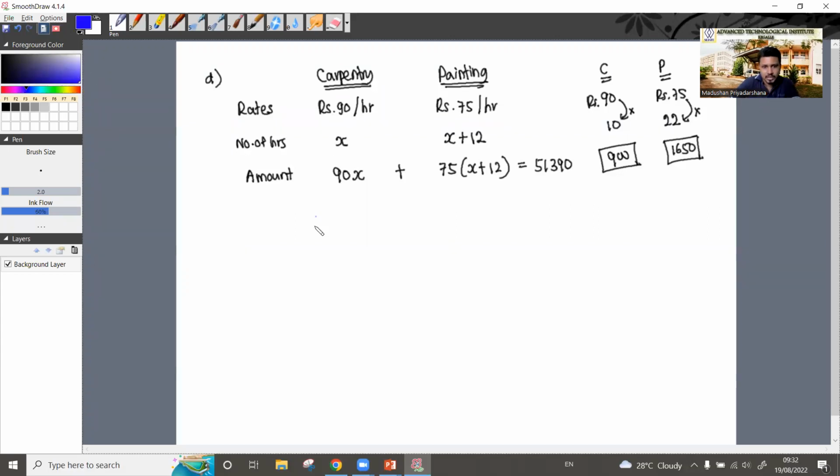So 90x plus 75 into x plus 12 equals 51,390 rupees.